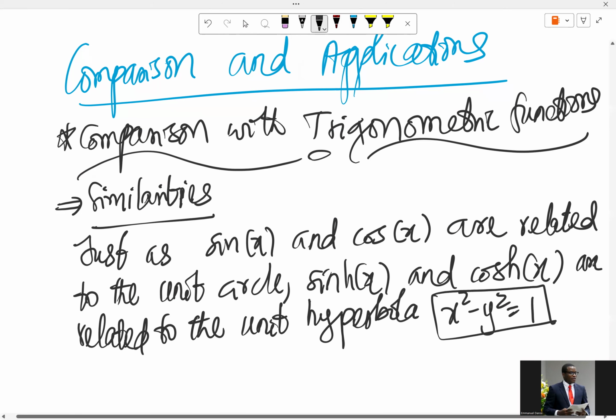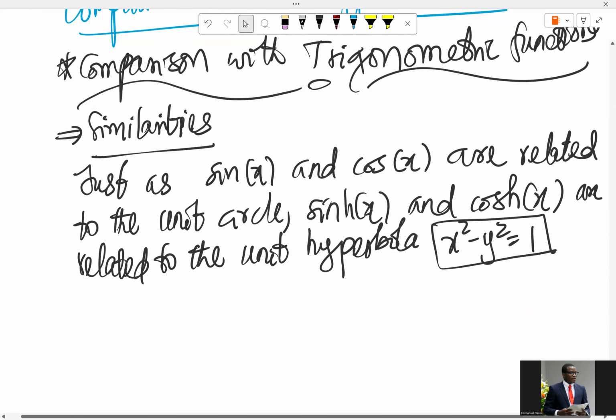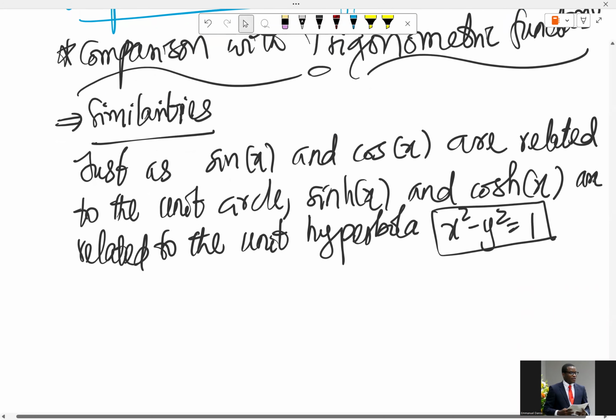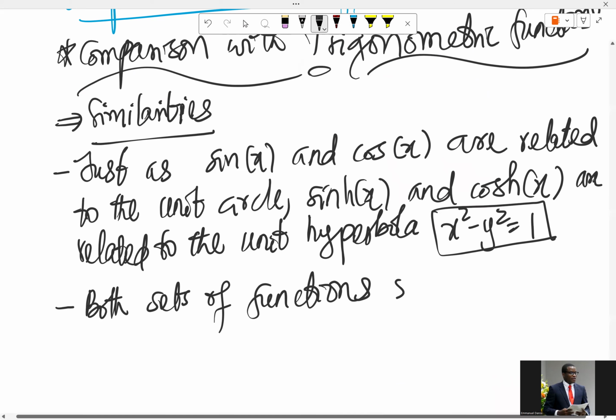Interestingly, the unit circle is given as x squared plus y squared equals 1. Okay, that's one thing. Another area is that both sets of functions, meaning sine x, cos x, sinh x, cosh x, satisfy similar identities.